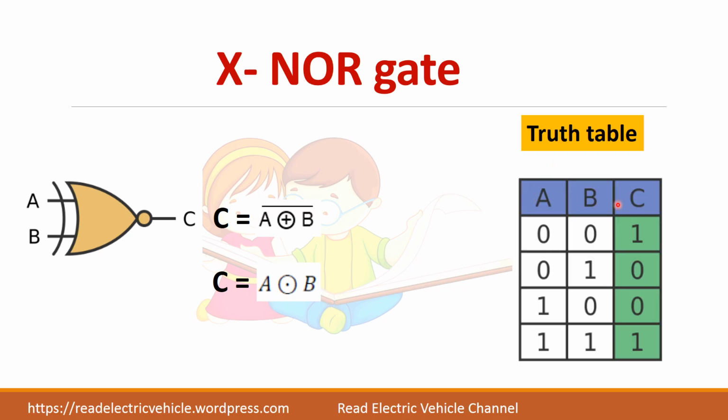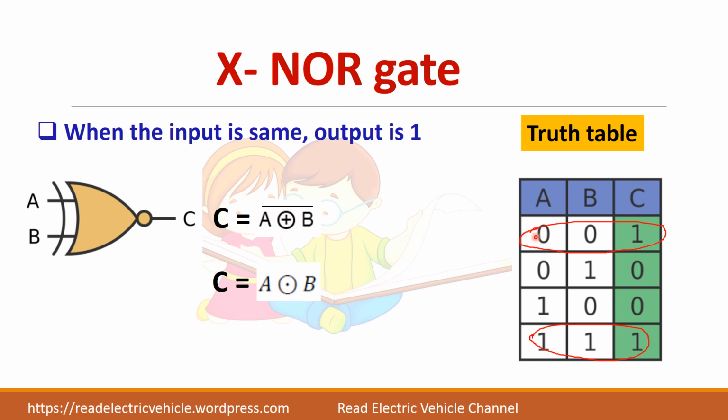Now truth table, when the inputs are different, we will get a high output in XOR gate. Here just opposite, when the inputs are same, you will get a high output. So output expression, you can write it like this.